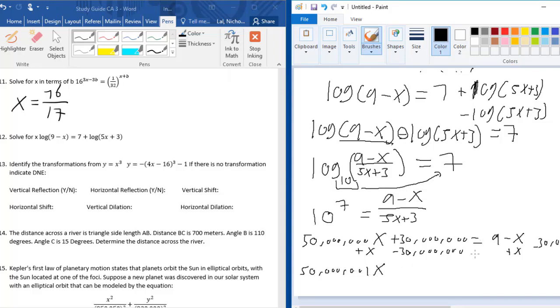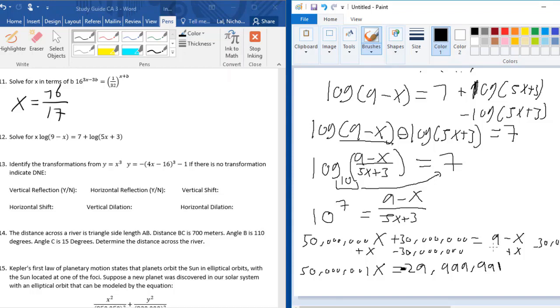And then 9 minus 30 million will be equal to, sorry, if I'm subtracting, that will be negative 29,999,991, because that's positive 9 minus 30 million.